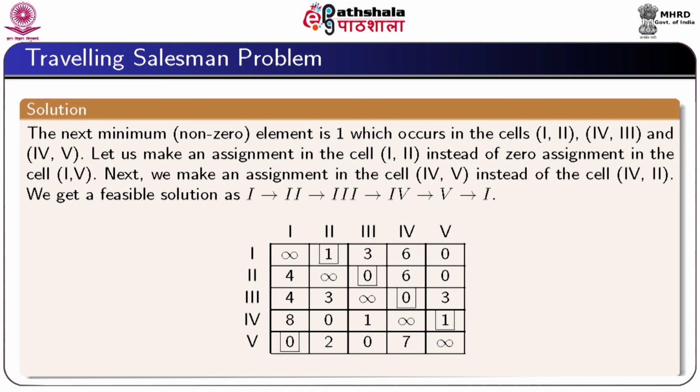Instead of assigning in the cell 4 5, if we assign the cell 4 3, then this cyclical order will not be obtained. That means we are not getting a feasible solution.